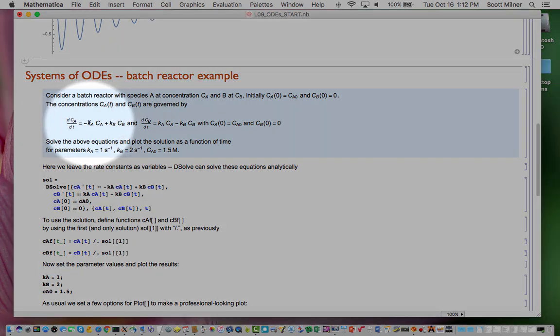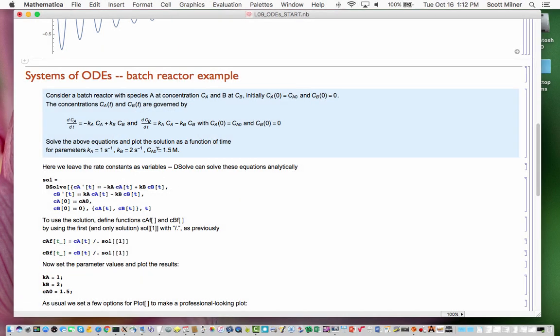There's reaction rate constants that take Ca into Cb and so on. Anyway, these are two coupled equations. And so you want to solve those and plot their solutions as a function of time for particular values of the rate constants Ka and Kb and a particular value of the initial concentration.